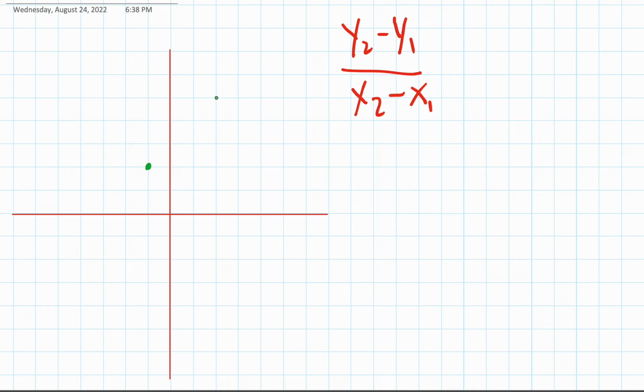Let's say I go from here to here. So if this point is at 2, and 1, 2, 3, 4, 5, and this is at 5, and this is at 2, and this here is at negative 1. So if I start here at this point, we're going to look only at the y value, how much up or down it is. So it's at 2 here. And this one up here is at 5.